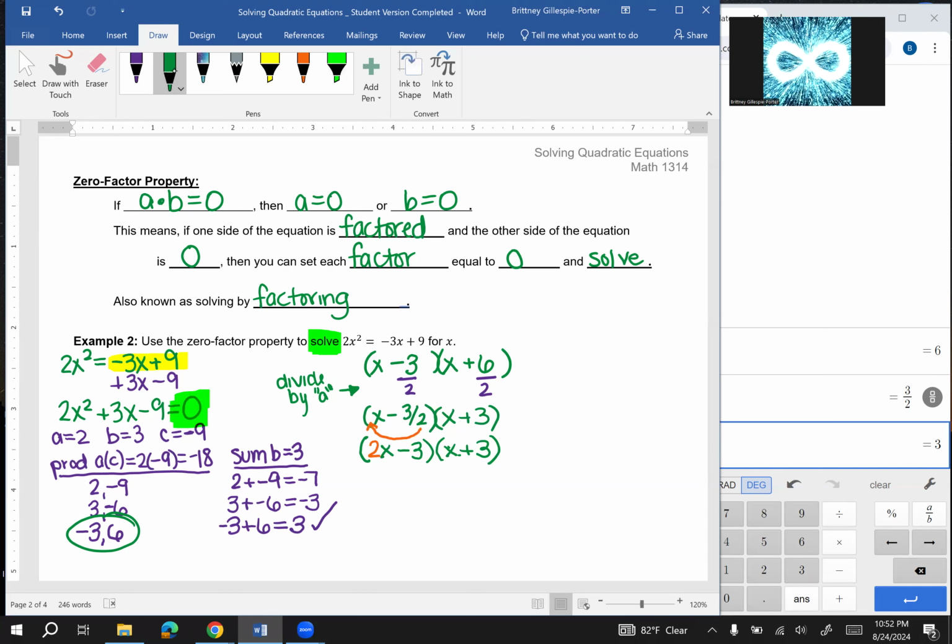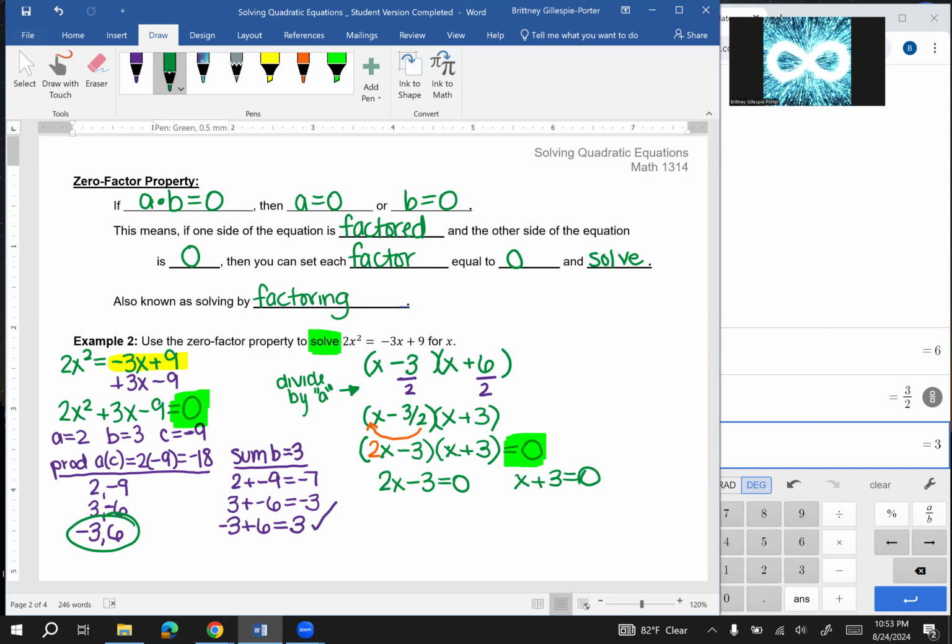So we are going to set our equation equal to 0 again. And by doing that, we're now set up for the zero factor property. Left-hand side of our equation is factored, right-hand side is 0, which means that we can set each of our factors equal to 0 and solve.